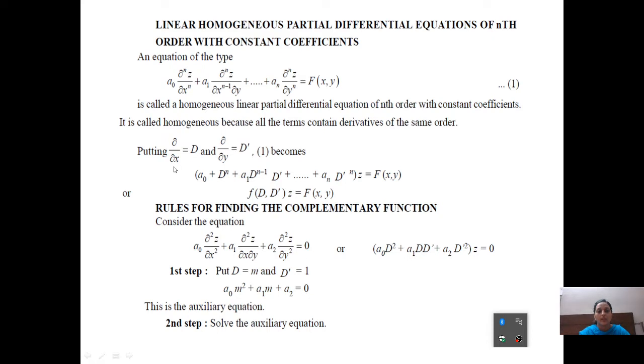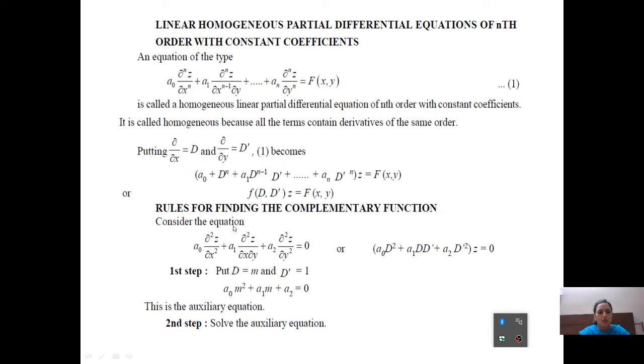In those equations, the independent variable was only 1, so their representation was only D. But in this topic, we are in discussion with partial differential equation, so at least two independent variables must be there, and notations will be different. For del by del x, that will be D, and notation for del by del y will be D dash. Such kind of equation can be seen easily when we study this topic.